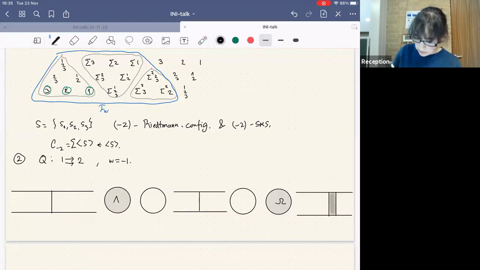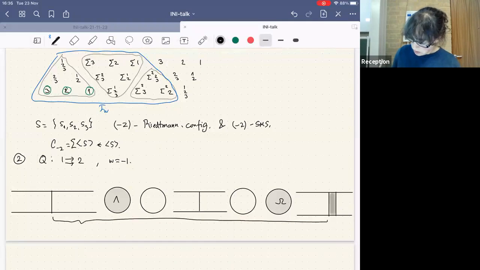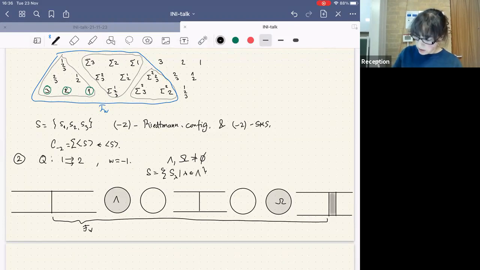Okay, so this is the fundamental domain for W. So take this Lambda to be non-empty. So we can consider the quasi-simples at the bottom of these homogeneous tubes in Lambda, and then the shifts of the other set.